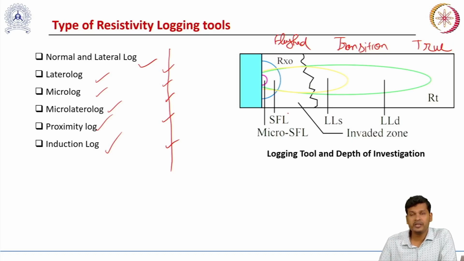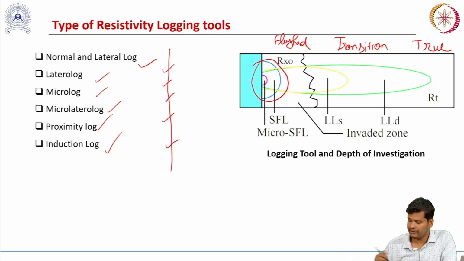So the flushed zone measures the flushed zone resistivity, Rxo. If a tool is designed with a very small depth of investigation, that means it can only investigate this region here, and it will measure the flushed zone resistivity.